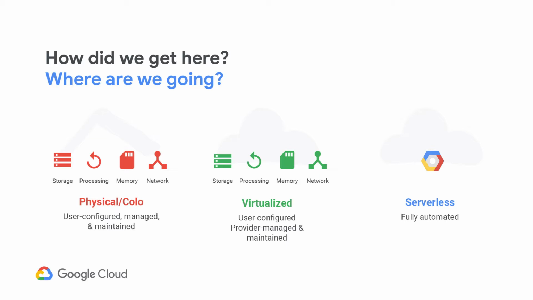Virtualization does provide a number of benefits, such as development teams can move faster, and you can turn capital expenses into operating expenses. With virtualization, you still maintain the infrastructure. It is still your responsibility, a user-controlled, user-configured environment. About 10 years ago or so, Google realized that its business couldn't move fast enough within the confines of the virtualized model.